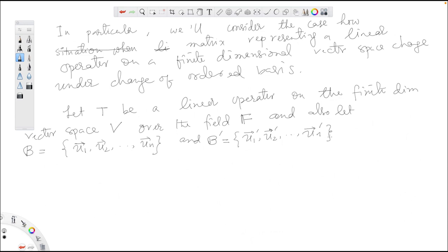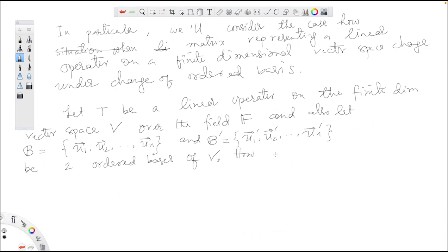So these are two ordered bases of the vector space V.